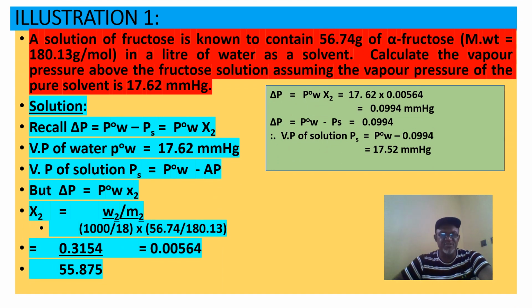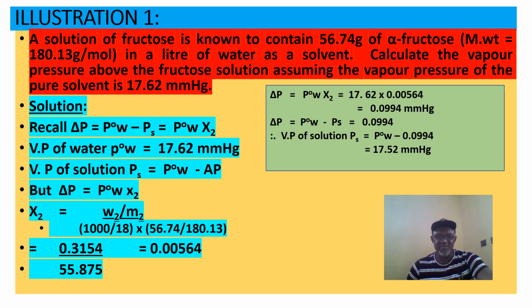We have an illustration. A solution of fructose is known to contain that of alpha fructose molecular weight, in 1 liter of water. Calculate the vapor pressure lowering. So you can see we have delta P equal to P naught W minus P solution. We have vapor pressure of water, and vapor pressure of the solution as equal to P naught W minus delta P. Sorry, that's delta P. But delta P is equal to P naught W X2.